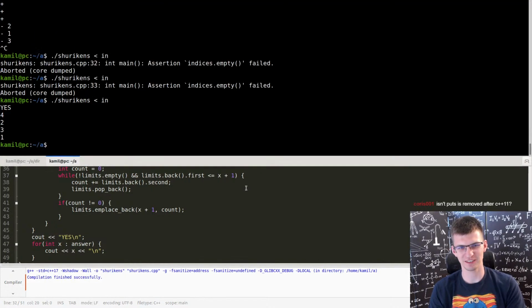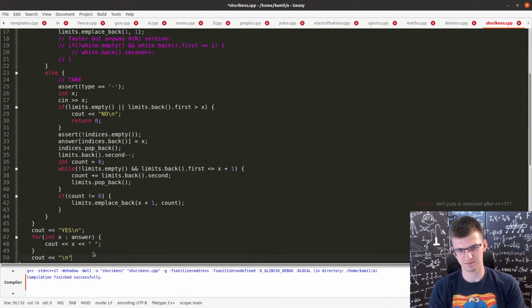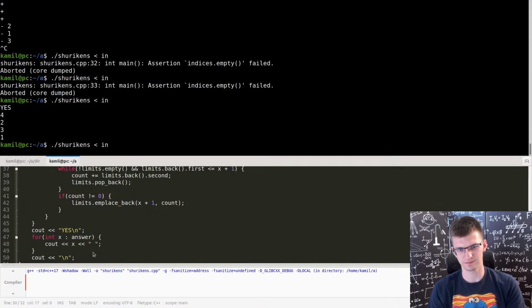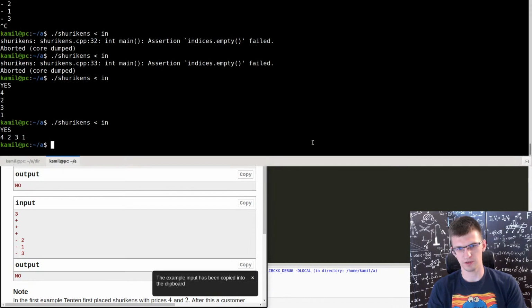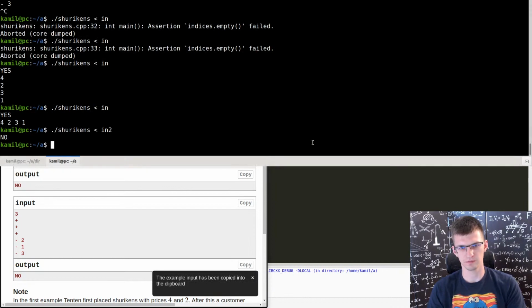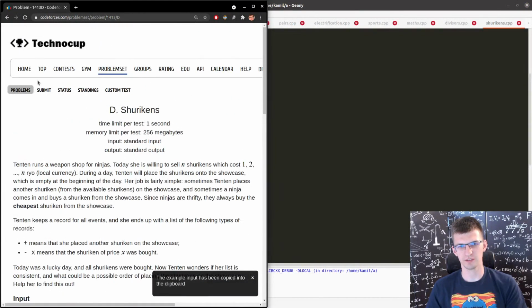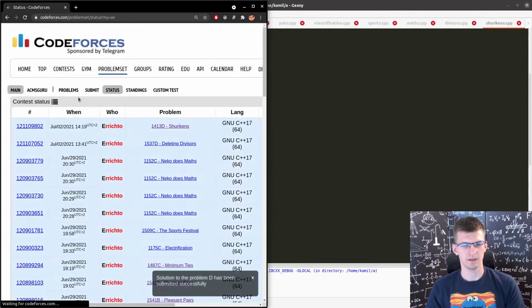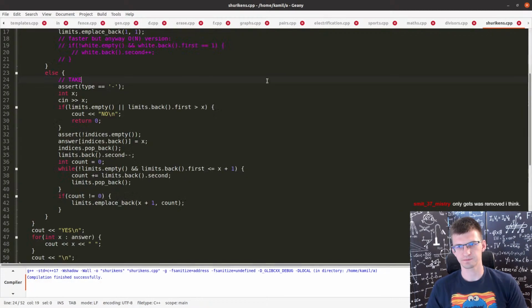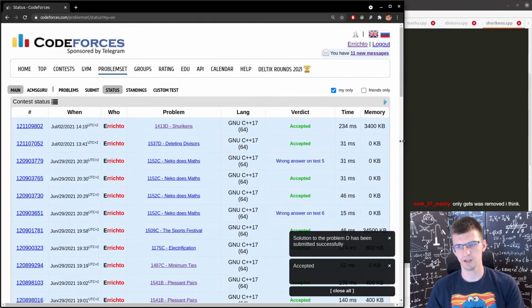That was a stupid assert. 4, 2, 3, 1. There are spaces, not new lines. 4, 2, 3, 1. Oh, I already copied those. I don't think samples are very strong here with only one yes test. Still. Yeah, I accept it.